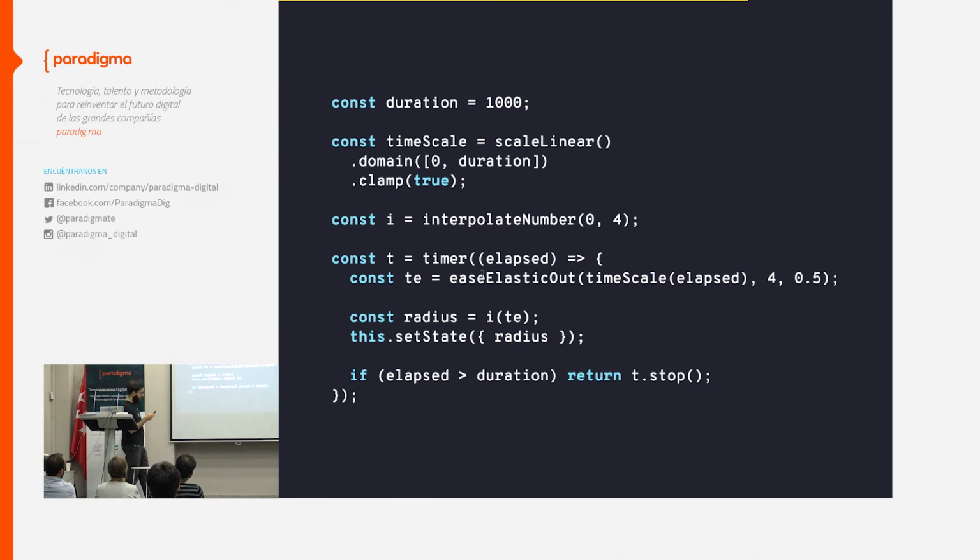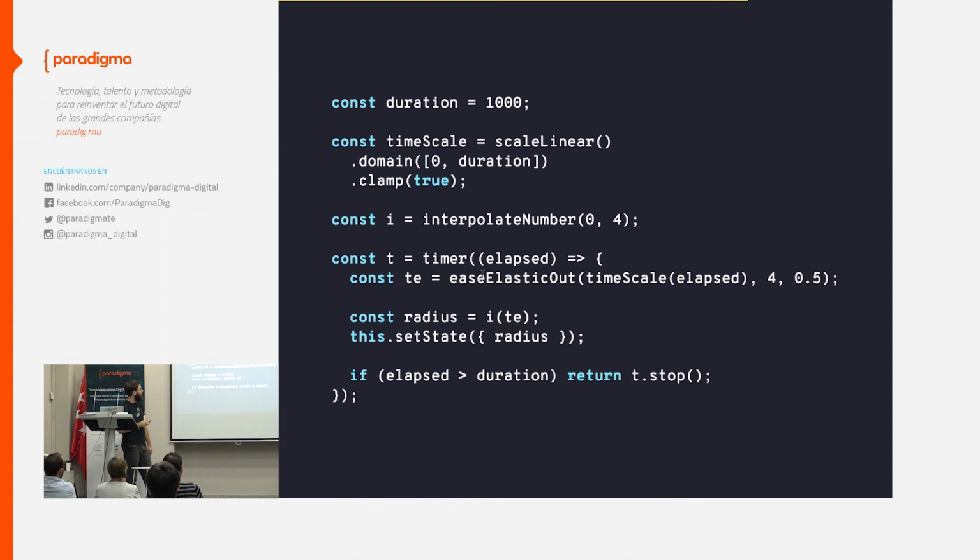You have a duration. You need a linear scale for your timer between 0 and duration. It's pretty important to clamp it, because when you clamp it, your scale won't go above your value. For example, let's say your duration in this case is 1,000 milliseconds. If you pass 1,500 milliseconds, it will return 1. It won't go above 1.